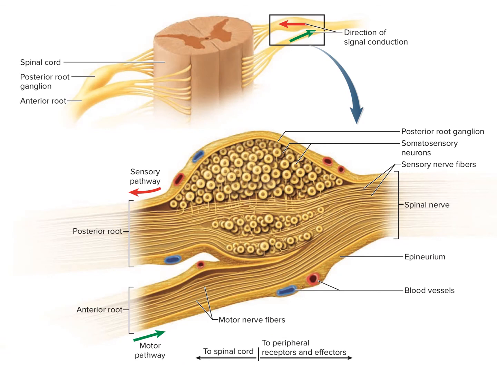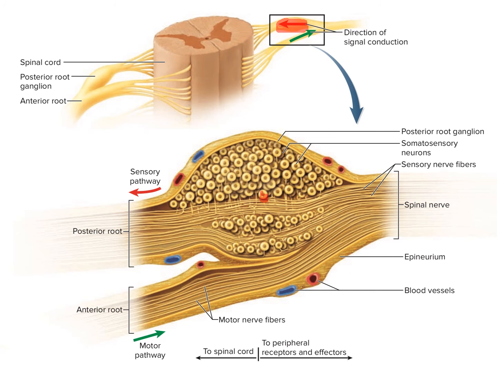While again, in the periphery, which is right outside here, we can see this very beautiful ganglion. In the periphery, we have ganglia, which are collections of cell bodies, the soma of the neurons.